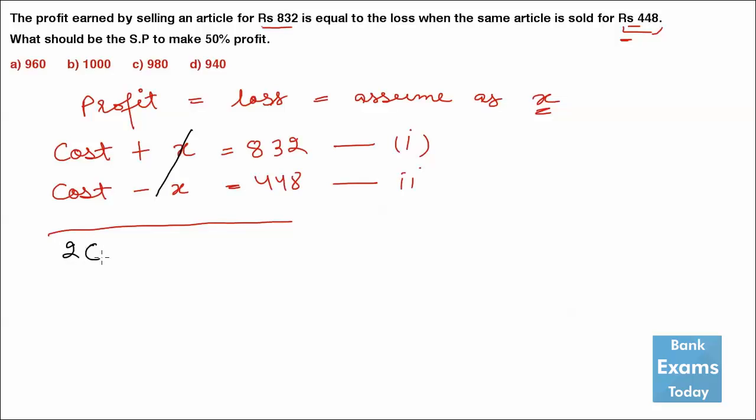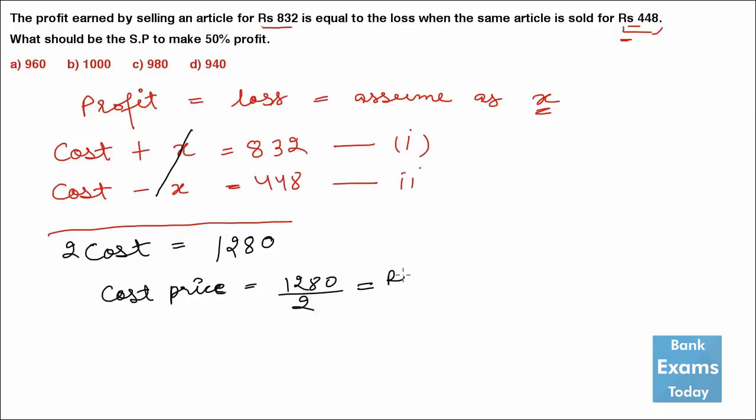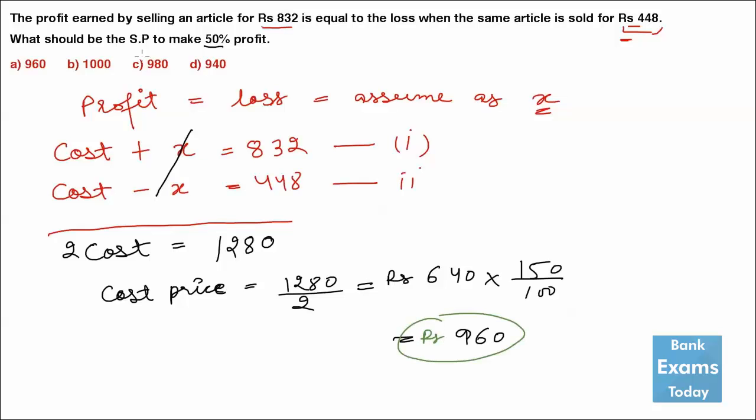So 2 times cost is equal to 1280. So now the cost price of the product is equal to 1280 divided by 2, and that becomes 640. Rupees 640 is the cost. If the seller wants to earn 50% profit, then we need to multiply it by 150 over 100, and that becomes 960. So rupees 960 is the desired selling price, and A is our answer.